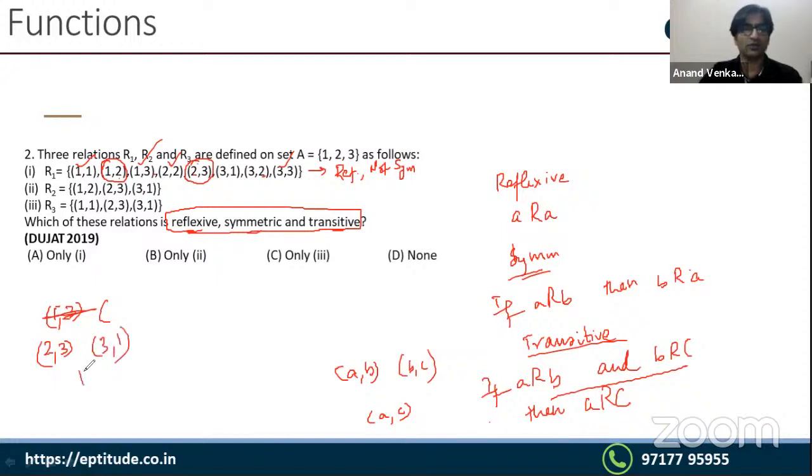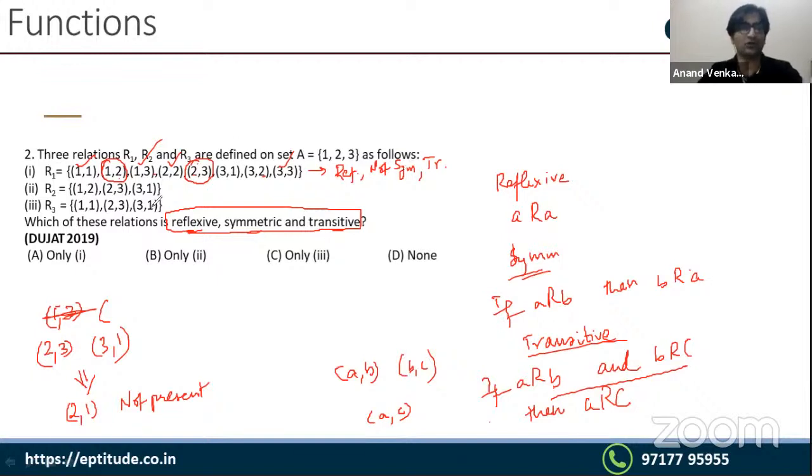Both of these are there, so what is my expectation from transitive? 2, 1 should be there. Is 2, 1 there? No, it's not. If it is not present, then this relationship is not transitive, right? So R1 you can see is neither symmetric nor transitive, but it is reflexive, right?